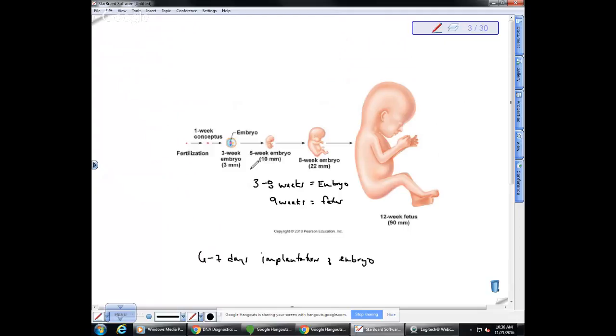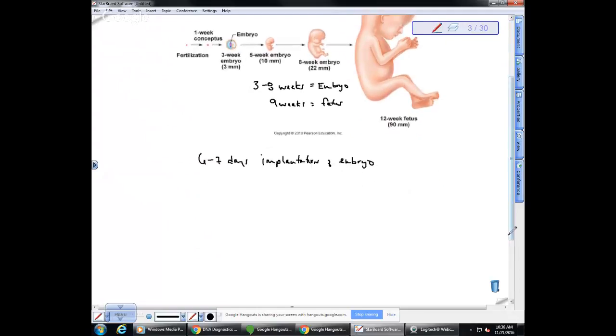Okay. So if we look at how we would have to coordinate copulation or intercourse in order to get pregnant, we can talk about the viability of the oocyte. The oocyte is viable 12 to 24 hours after ovulation.